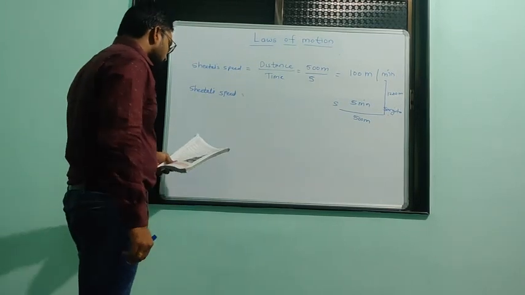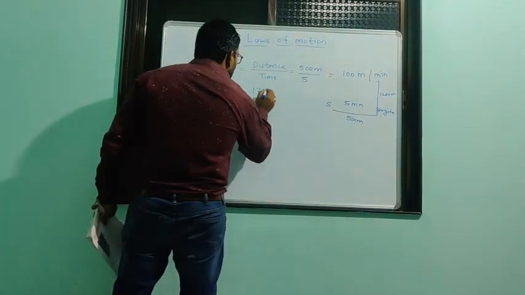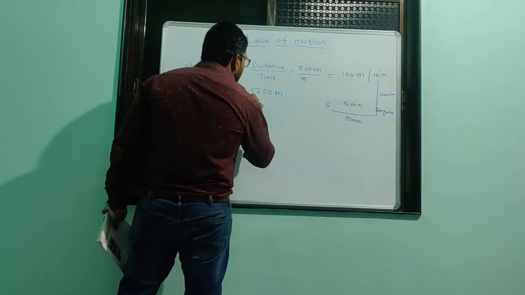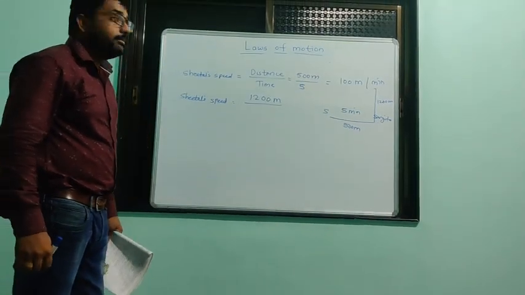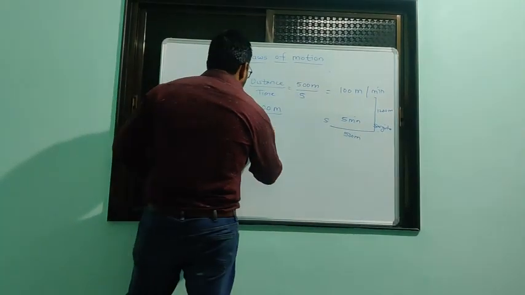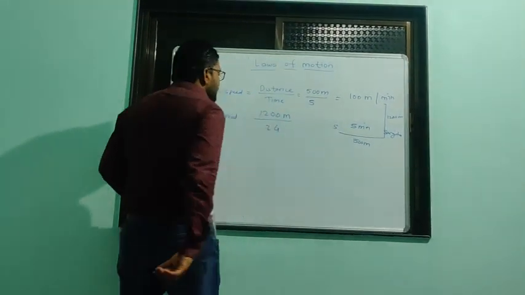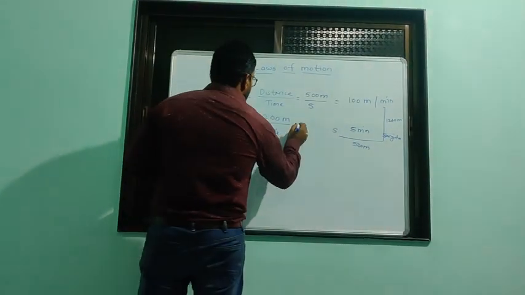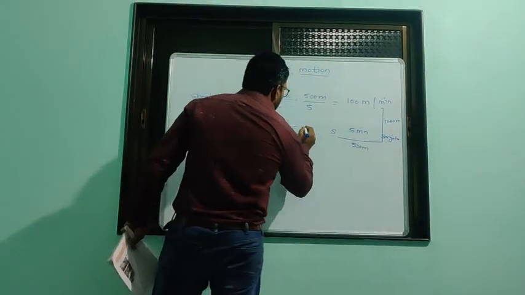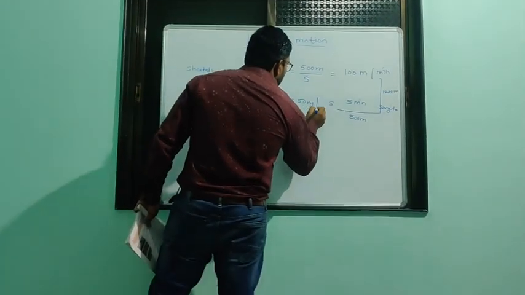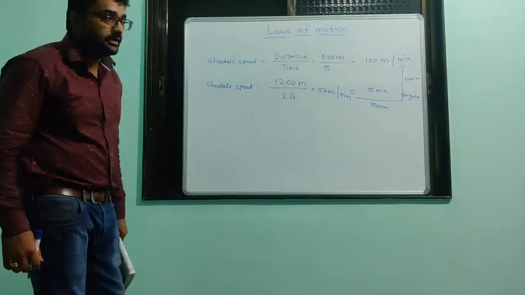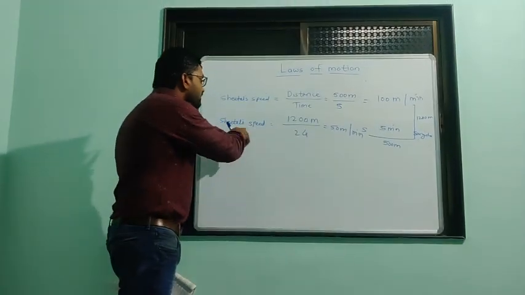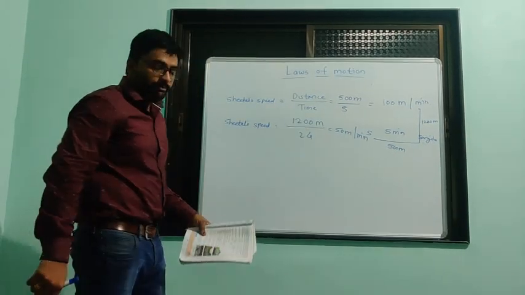Distance is again 1200 meter, and time taken is 24 minutes. Divided by 24 minutes, that will be equal to 50 meter per minute. 50 meter per minute is the speed of Sheetal along path B.